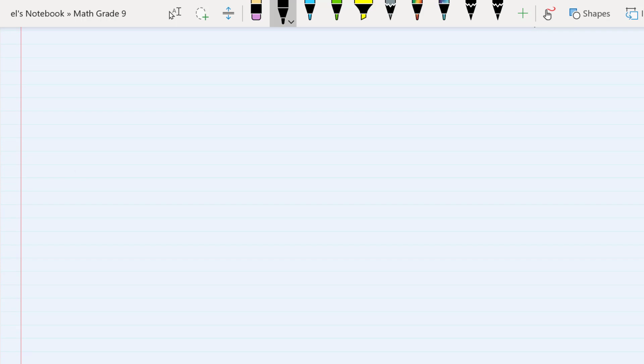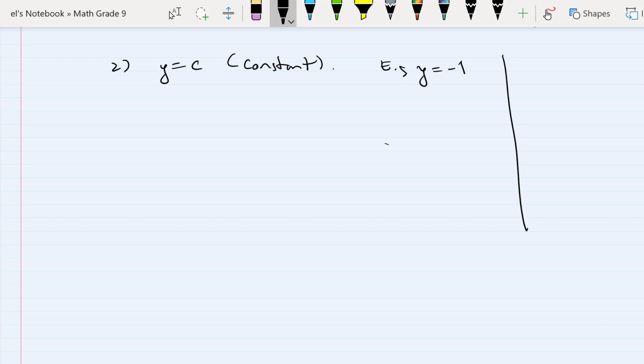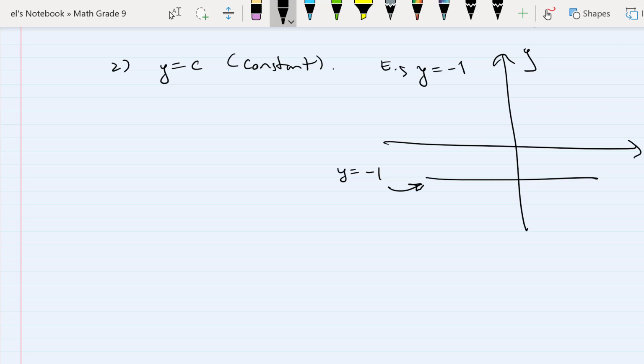The second case is when y is a constant c. Example, y equals -1. That will also be a straight line, but this time it will be horizontal as such.